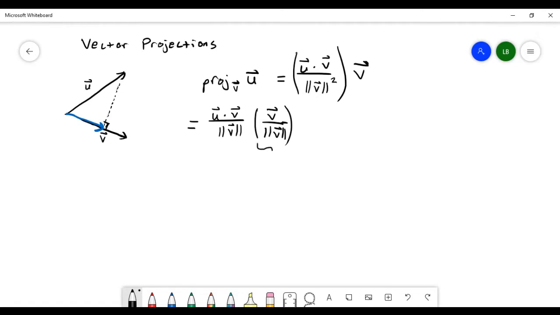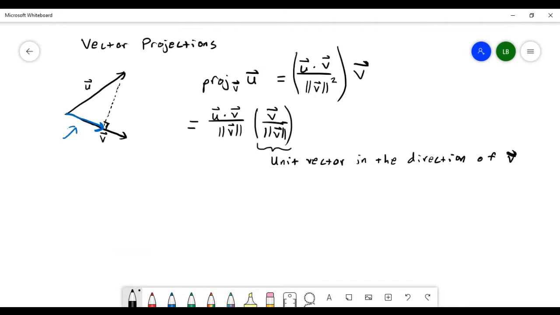Well, if you recall, v divided by the magnitude of v is a unit vector in the direction of v. And a unit vector in the direction of v is going to be parallel to v. So that tells us the direction of this projection vector here.